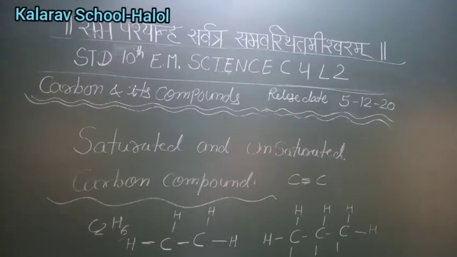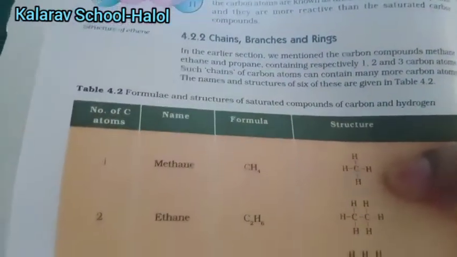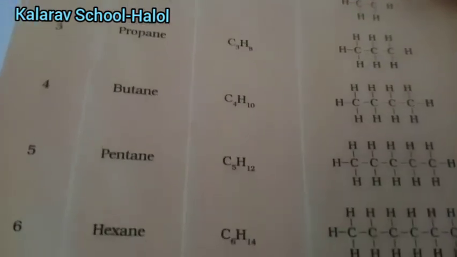Now we can see how chains, branches and rings are formed. You can see this on page number 64. Here it is given. I am showing you this. This is methane, ethane, propane, butane, pentane and hexane.